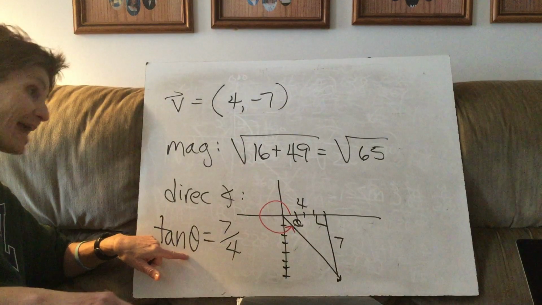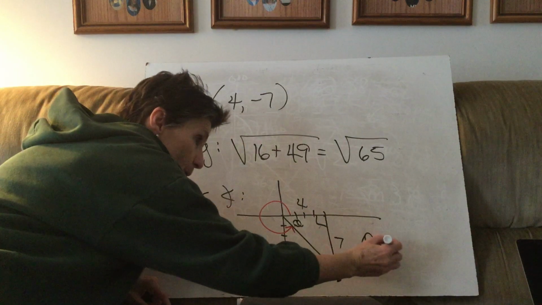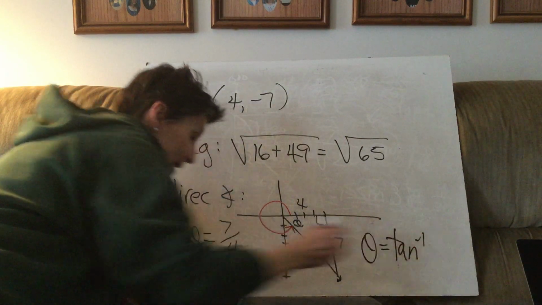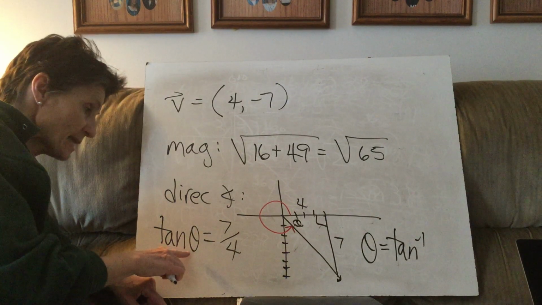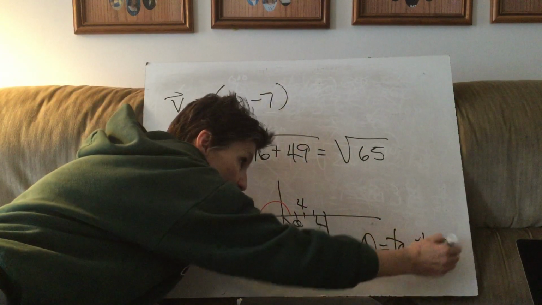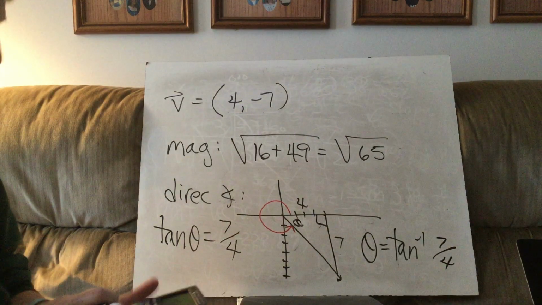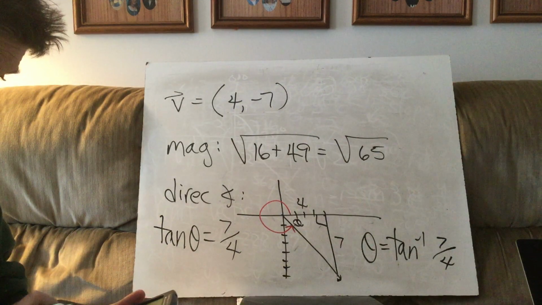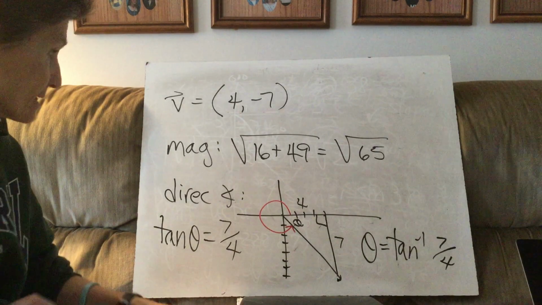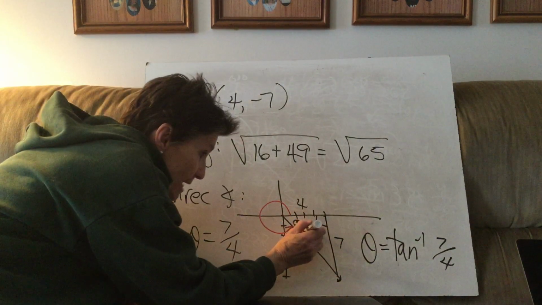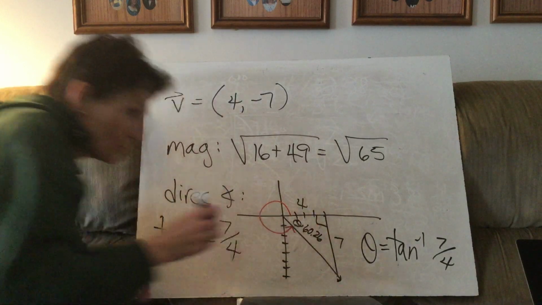So the angle will be found by doing inverse tangent. Since it's tan theta, and I need just theta, I have to take the inverse tangent of 7/4. And I get 60.26. So this angle is 60.26.